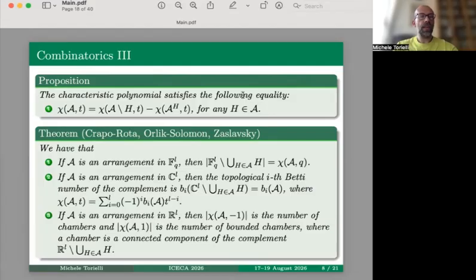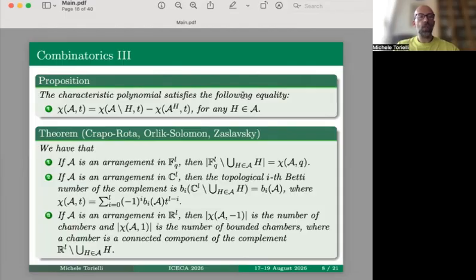Finally, if I have an arrangement in real space, we can compute the number of chambers and bounded chambers by just evaluating our characteristic polynomial at -1 for the total number of chambers, where obviously I need to take an absolute value, and at 1 for the number of bounded chambers. So we know what we are talking about: a chamber of an arrangement is nothing else than a connected component of the complement, and I will call it bounded if, as a space, it is bounded itself.